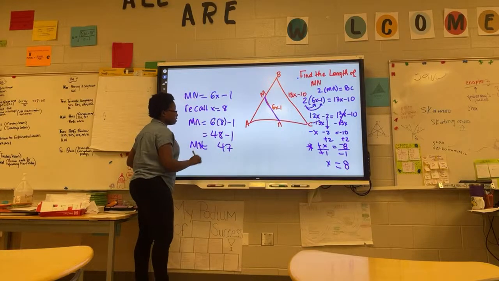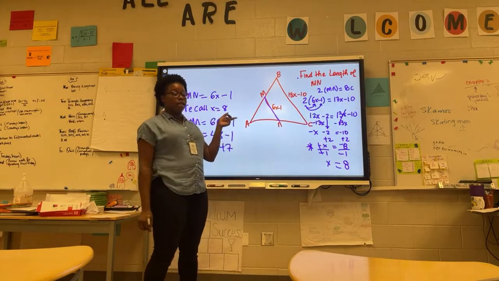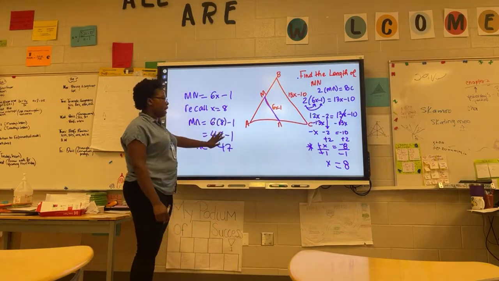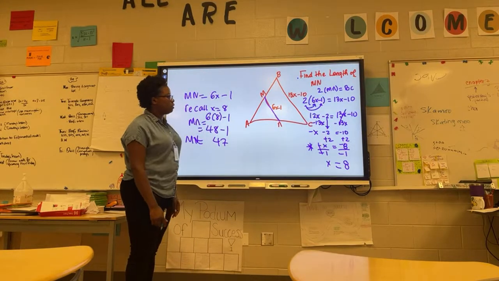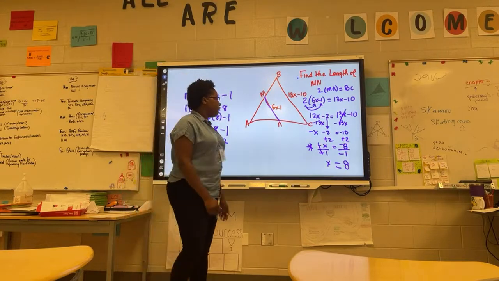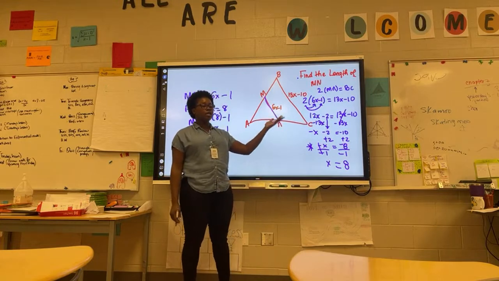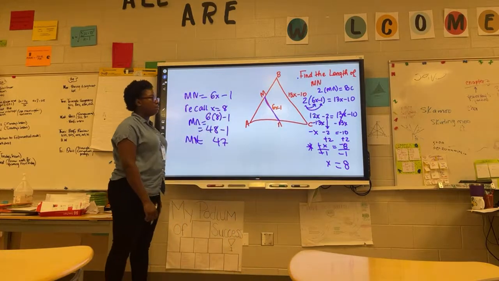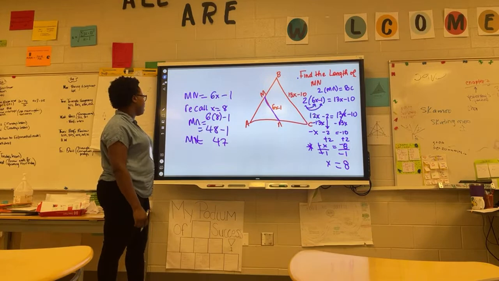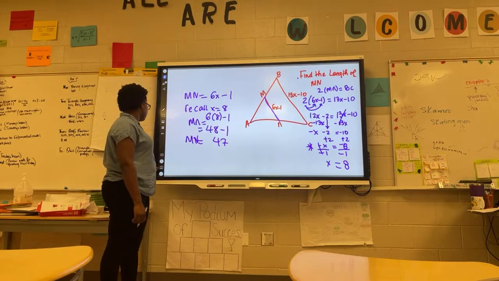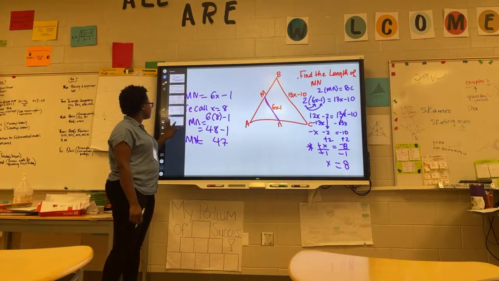You know my diagram is not drawn to scale, so that's definitely not 47, but the concept behind it remains the same. So once you find the variable, you then put the answer for the variable into whatever you're trying to find. And that should give you what you're looking for, MN. In this case, MN is equal to 47.